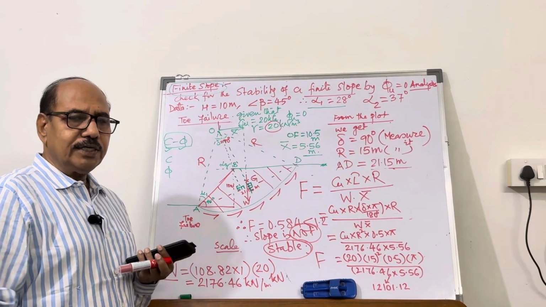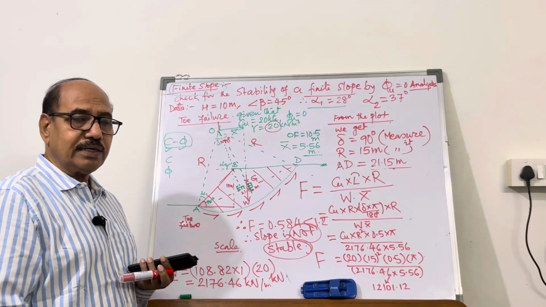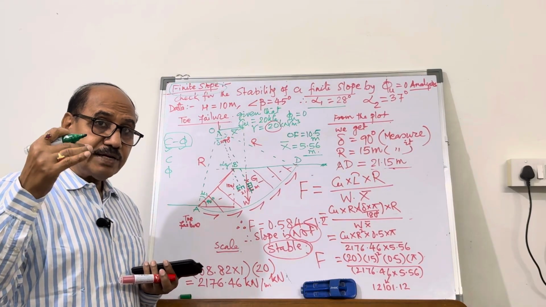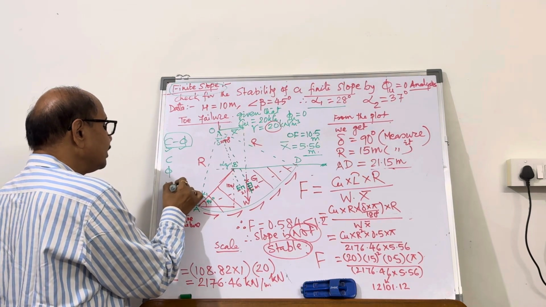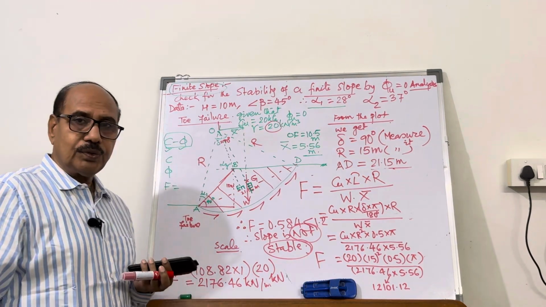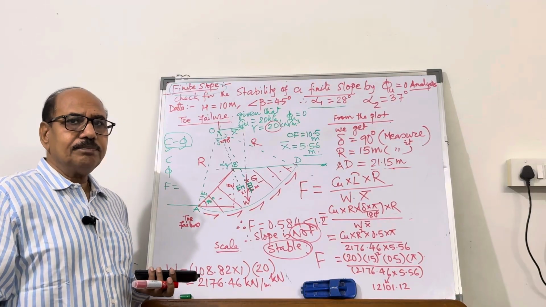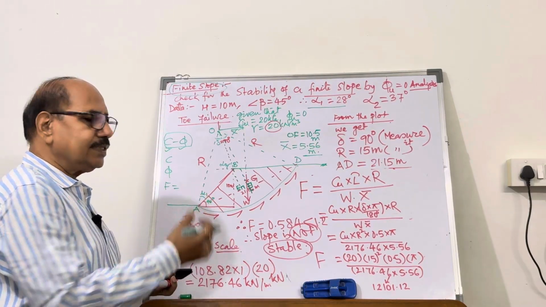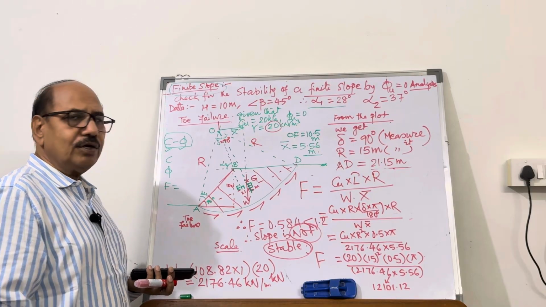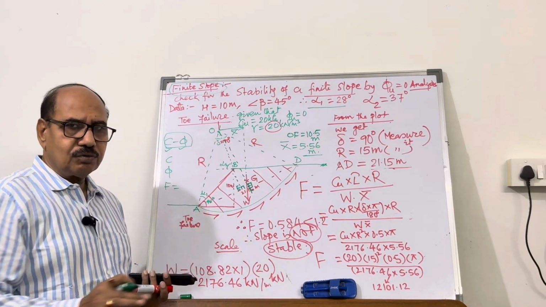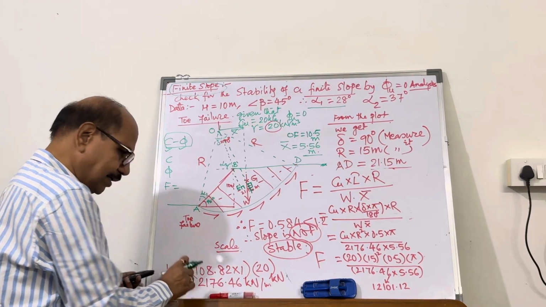The normal component you will have to find out. Tangential component you will have to find out, as explained in the previous video. And then you can find out the factor of safety by C phi method also. So problems are quite simple. You can apply the theory and get the answer. So I hope this is crystal clear to all of you, and I sum up over here.